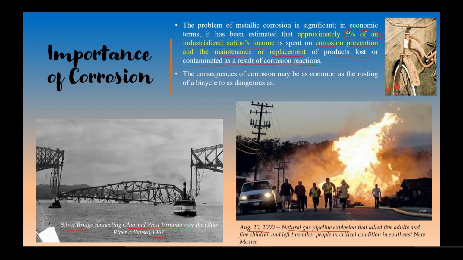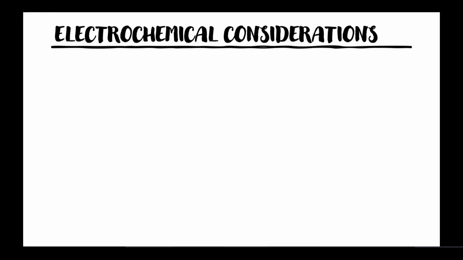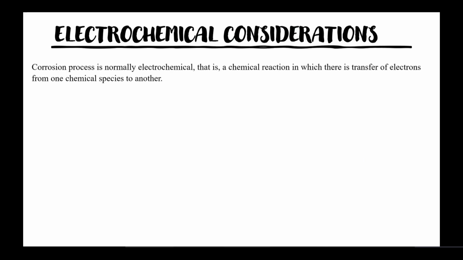But when we come to material science, we define corrosion as a process which is electrochemical in nature. That means a chemical reaction is there along with the transfer of electrons from one chemical species to another. So how do you define corrosion?